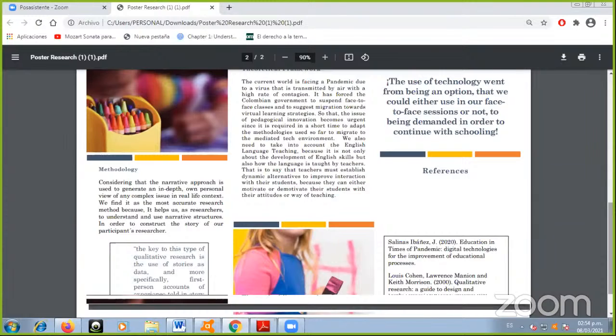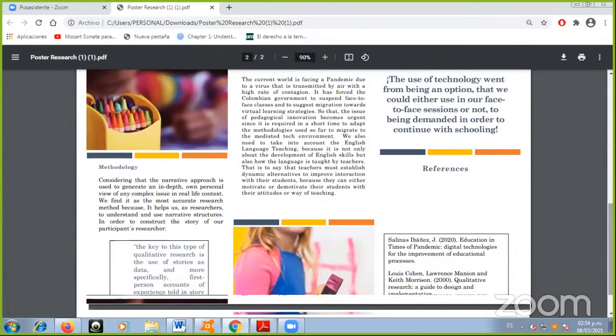We find it as the most accurate research method because it helps us as researchers to understand and use narrative structures in order to reconstruct the story of our participants. As our research needs a thorough analysis of the data collection, we consider doing it through interviews, since we want to know every detail about each participant's experience, right?